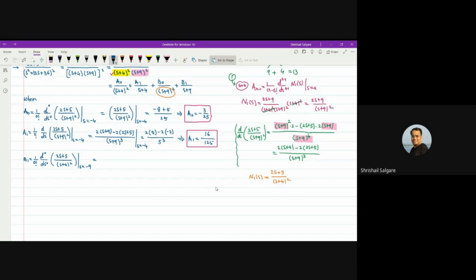That becomes b0, b naught will come, yes, b naught will come, correct. (2s plus 5) divided by (s plus 4) bracket square at s equal to minus 9. So it is minus 18 plus 5 in the numerator, and minus 5 squared is always positive. So b1 is equal to, tell me.